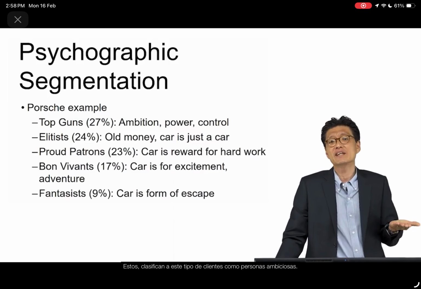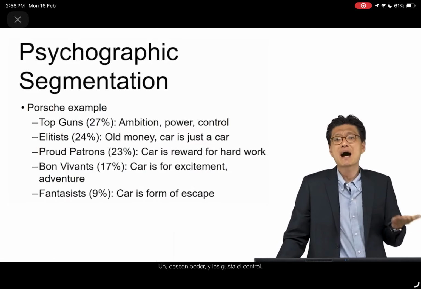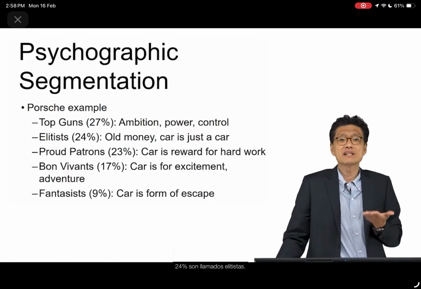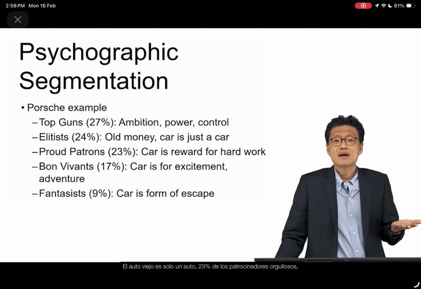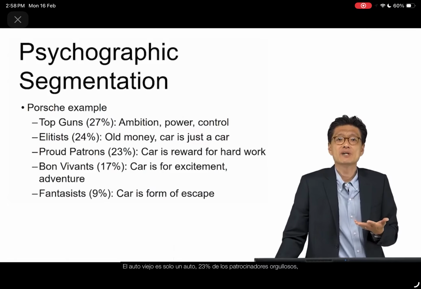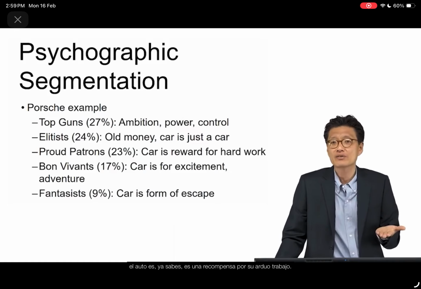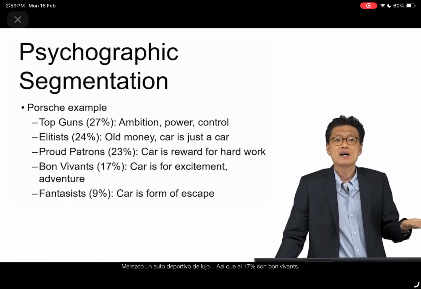They classify these type of customers as people who are ambitious. They desire power and they like control. 24% are called elitists. Old money, right? Old money. Car is just a car. 23% proud patrons. The car is a reward for their hard work. So I worked hard, I deserve a luxury sports car.